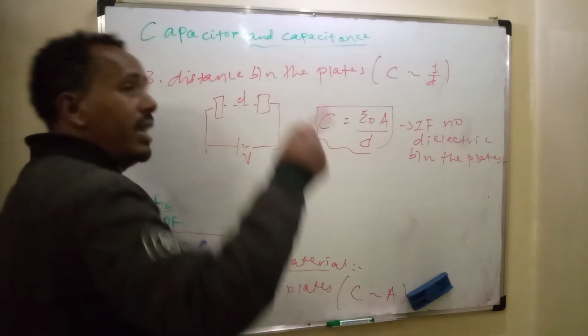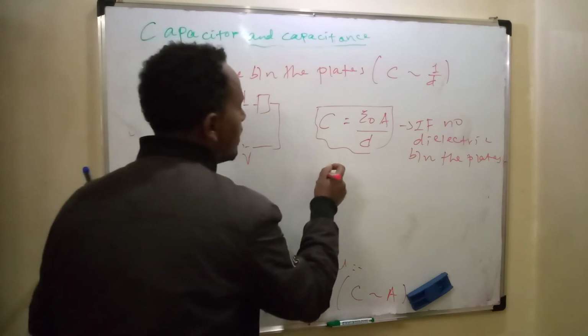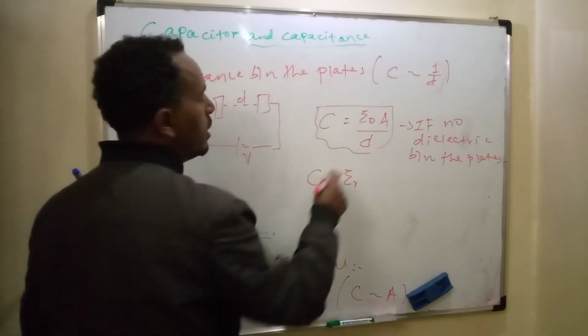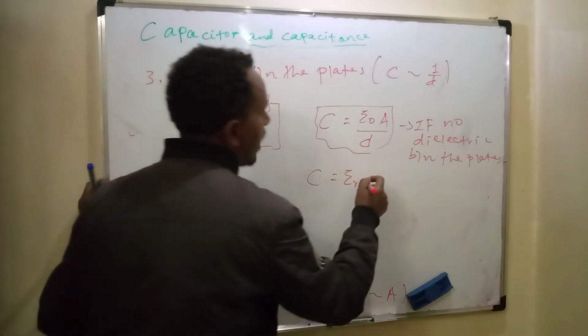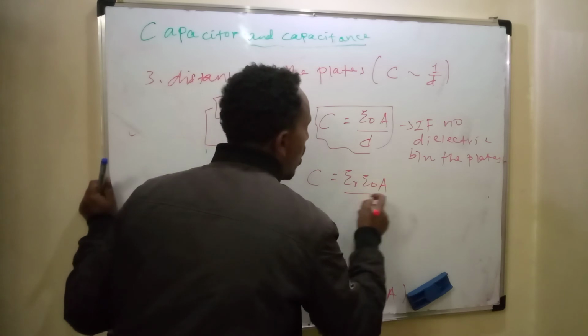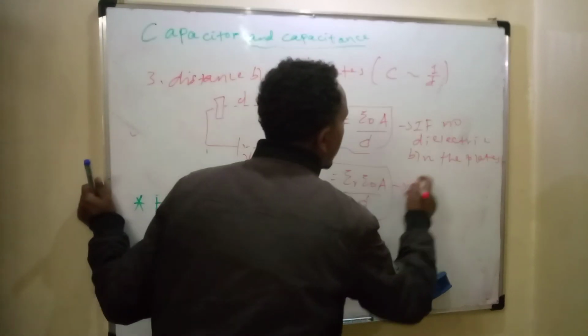And if there is dielectric material between the two plates, capacitance is equal to the relative permittivity of the dielectric material times the permittivity of free space times area over d.